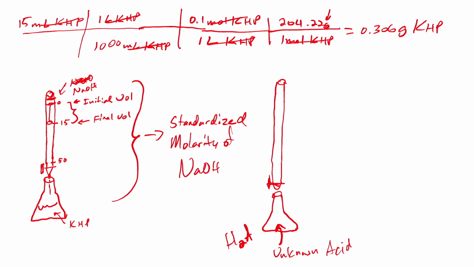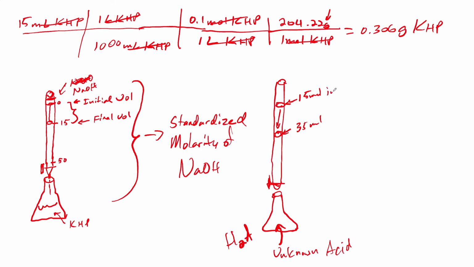So you should still have about 15 mils left of your stuff up here. You do not have to drain out your sodium hydroxide from the burette and start over again. Just keep on using the sodium hydroxide that's in your burette. So let's say it goes down to maybe 35 mils this time. Again, you can do the calculation of the change in volume.